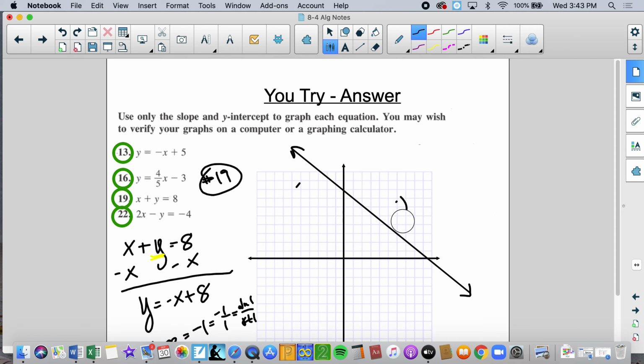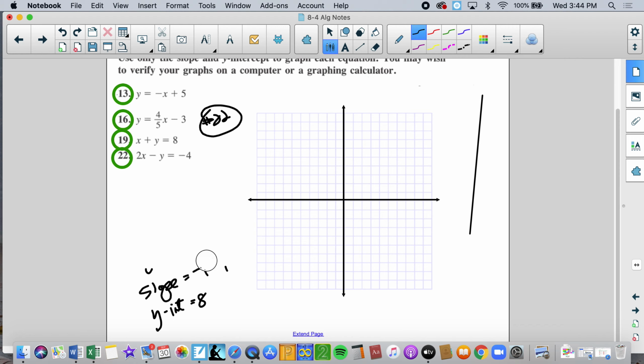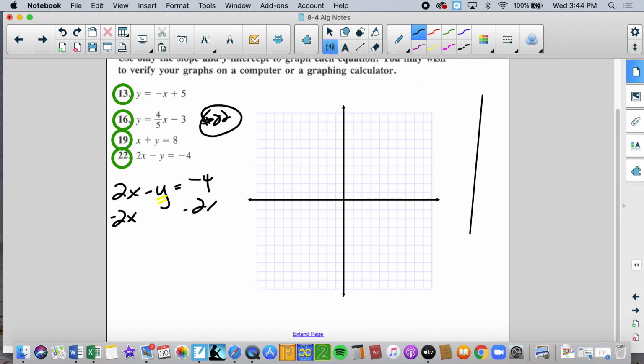And the last one for graphing, let's clone that page and erase this. This is going to be number 22. We have to do a little work prior to graphing. We have to be able to find the slope and the y-intercept. When we have this, we see that y is not by itself. That's negative y. So I've got to get rid of the 2x. I'm going to subtract 2x.